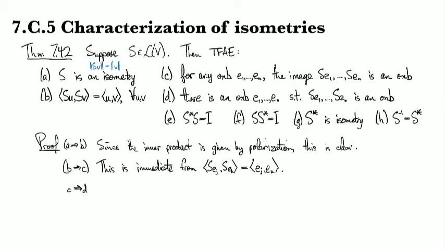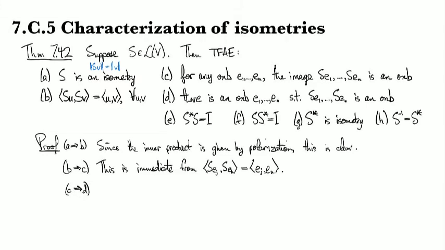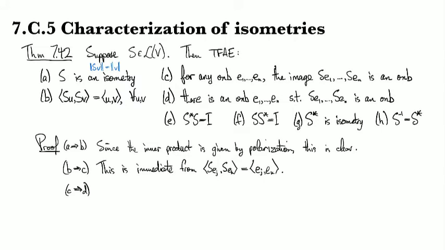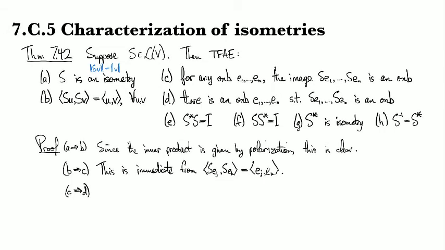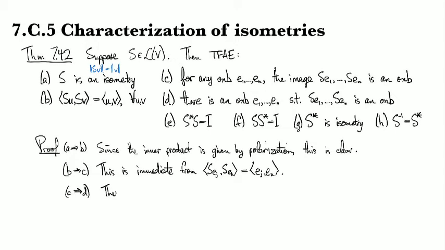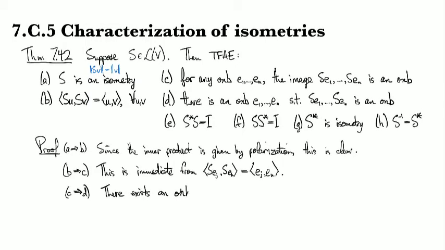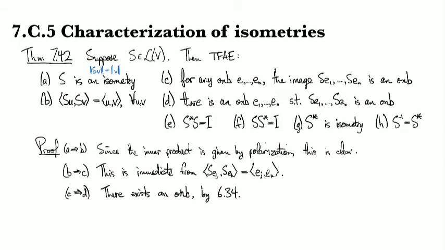Now let's look at C implies D. We're assuming that for any orthonormal basis, the image is an orthonormal basis. In order to see that there exists one, we just have to make sure that C is not trivially satisfied, but we do know that there is an orthonormal basis, by 6.34.